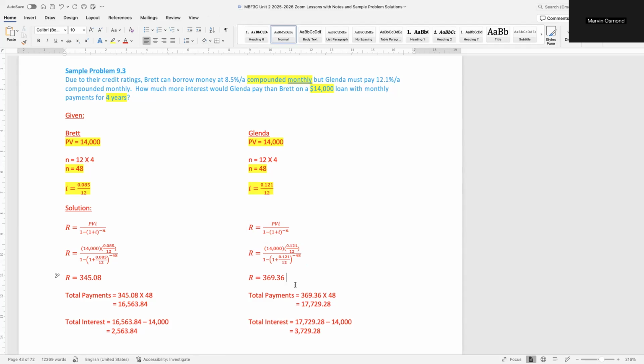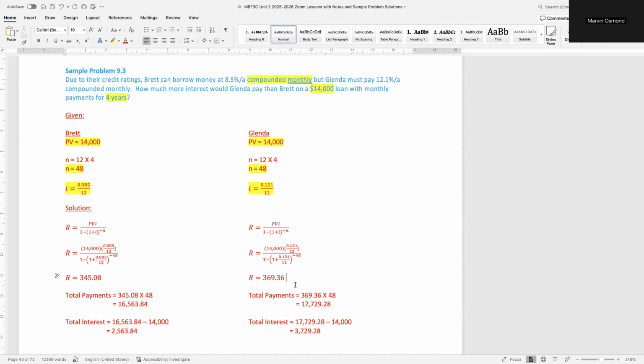So bracket, 14,000, close that bracket, open the next bracket, 0.121, divide that by 12, close the two brackets on the top now, divided by another bracket, 1 minus bracket 1 plus 0.121 divided by 12.